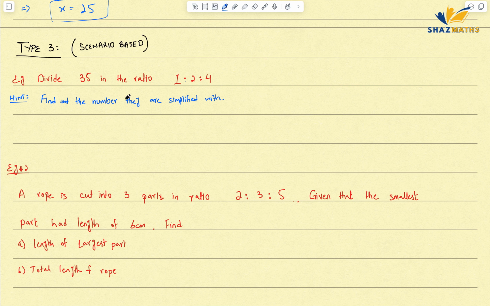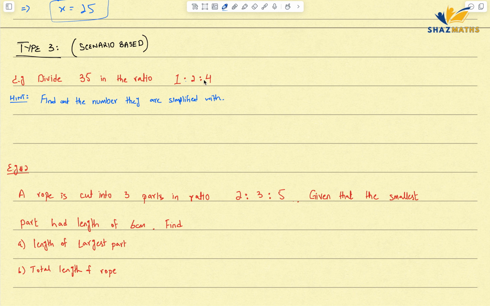Now a quick hint or technique that we will apply on all of the questions is, we have to think about a number they are simplified with, right? We have to divide 35 in this ratio. Now think about it in this way, that 35 is divided in 1:2:4. That means originally, because it's a simplified form already provided to us, they were cancelled out by a single number, and we always have to find out that single number.